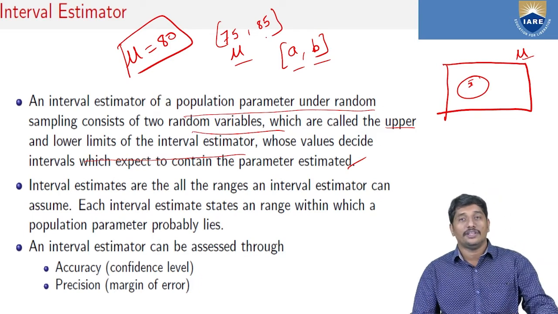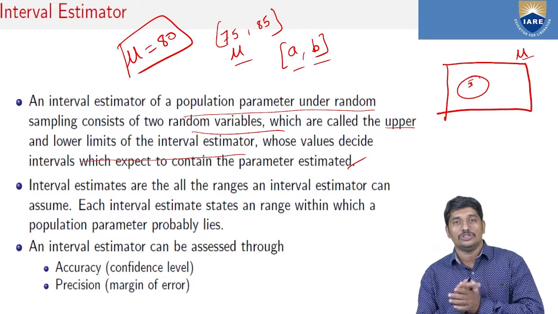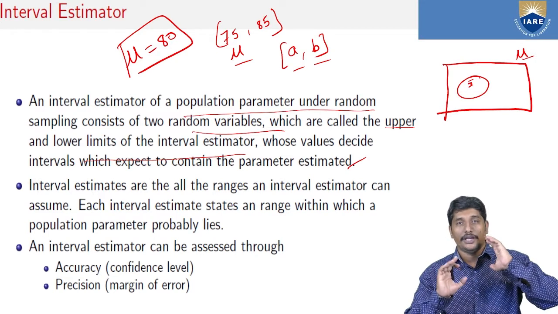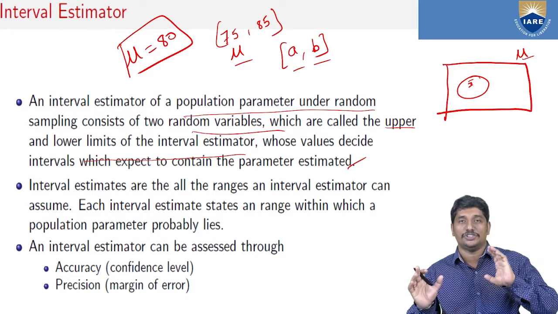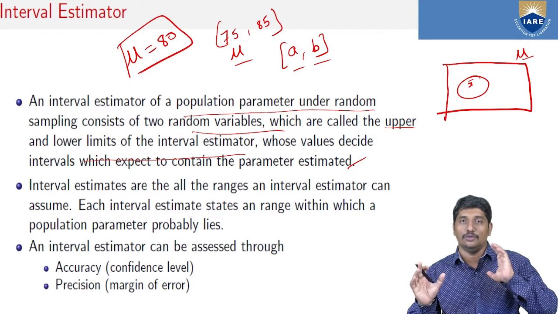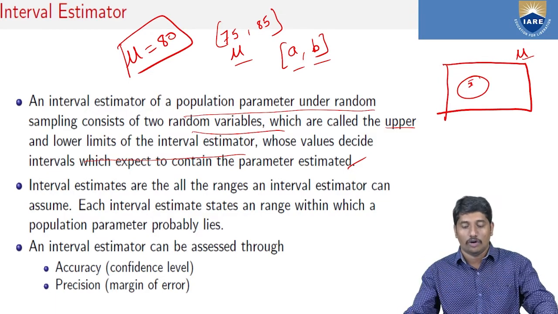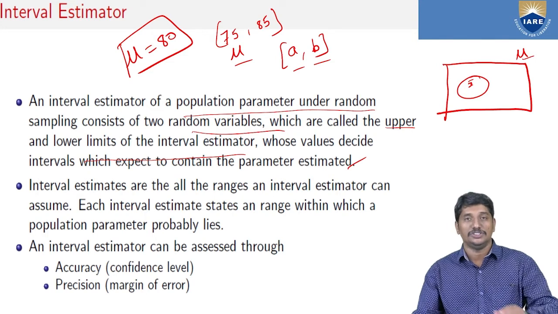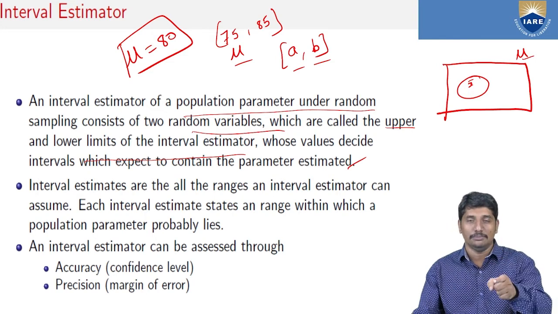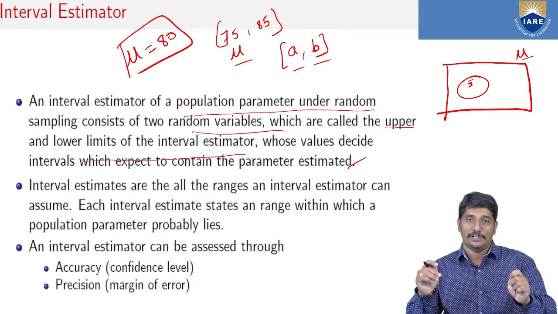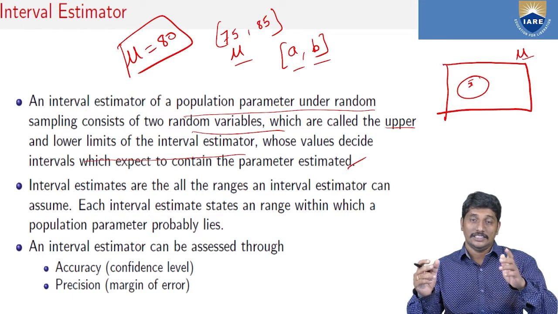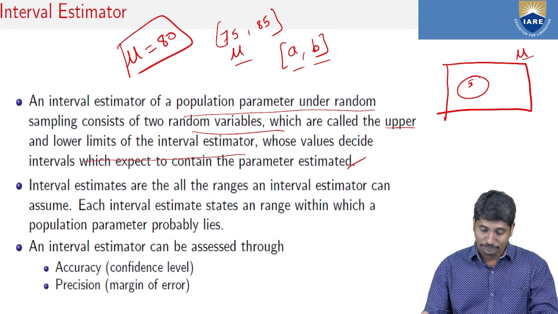So, in general, interval estimation is nothing but specifying the thresholds or the range within which the population parameter value is going to fall. Instead of estimating the value as a single number, we estimate the value of the parameter as an interval.